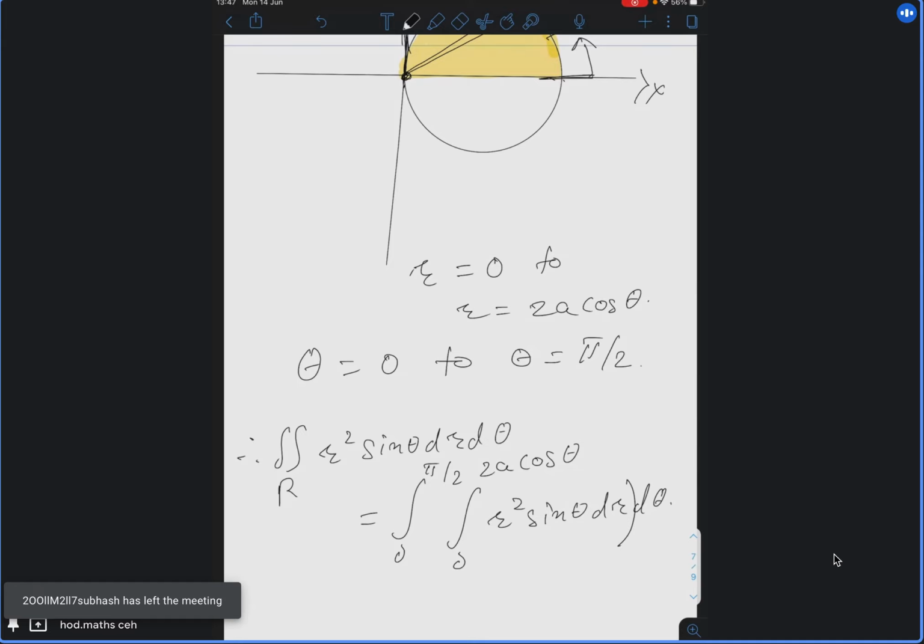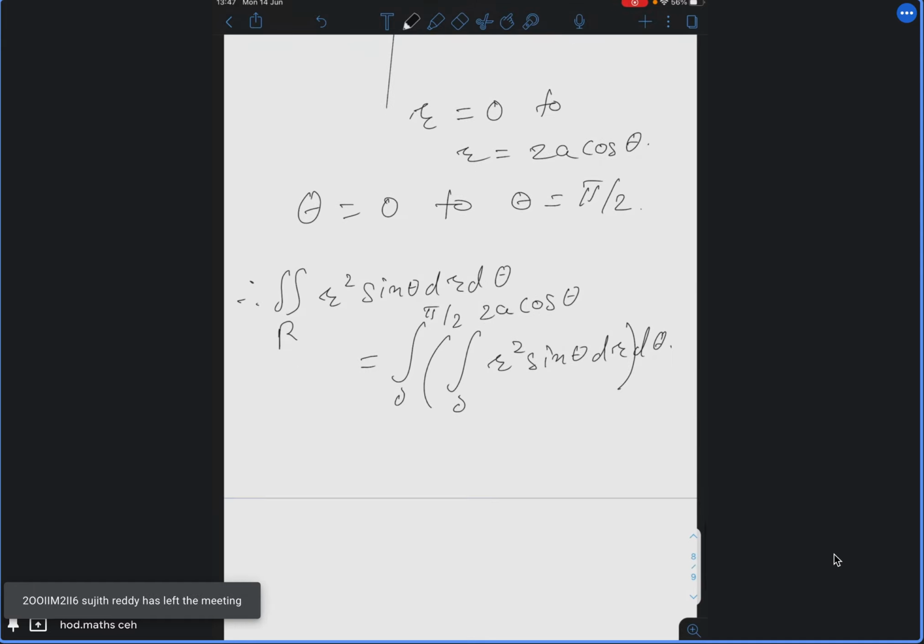First you integrate with respect to r and then with respect to theta. So solve it. I'm waiting for the answer.